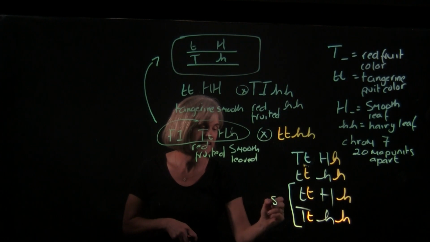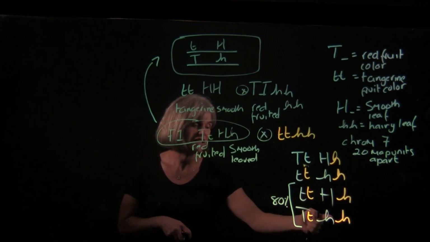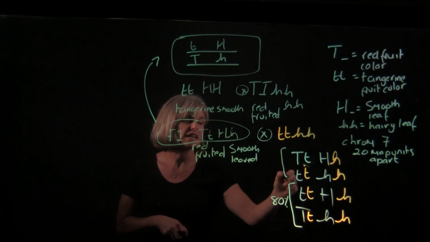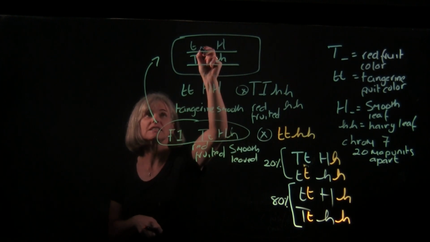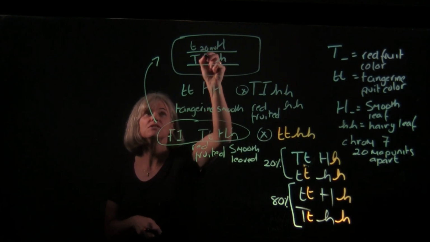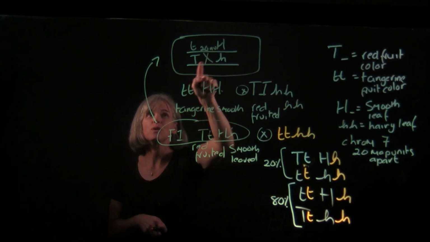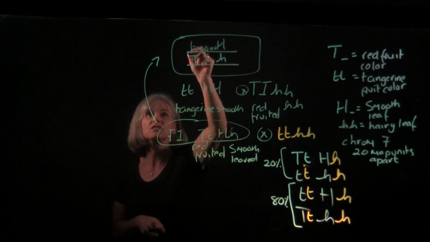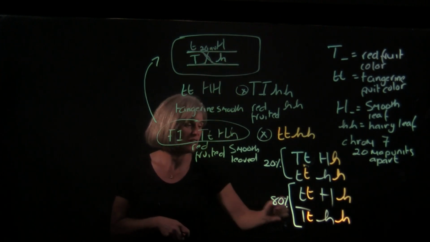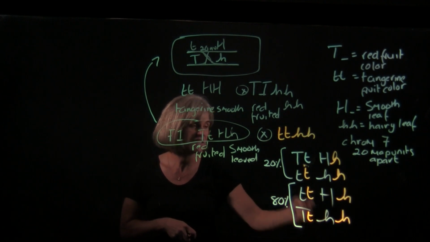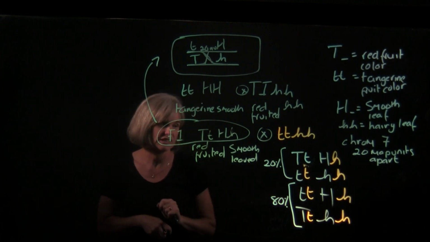So we would expect 80% to look like these progeny here, and we would expect 20% to be the product of recombination, because the definition of 20 map units between these two loci means that 20% of the products of this meiosis will result from a crossover, which will shift the two dominant alleles to be inherited together, here they are, and the two recessive alleles to be inherited together.